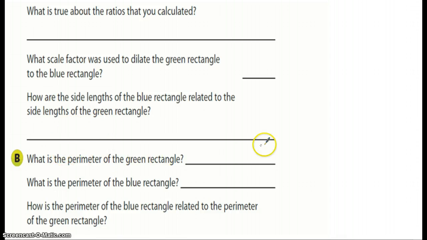Then look at the perimeter. If you can recall, the perimeter is P equals 2 times L plus 2 times W, and that's for both green and blue.